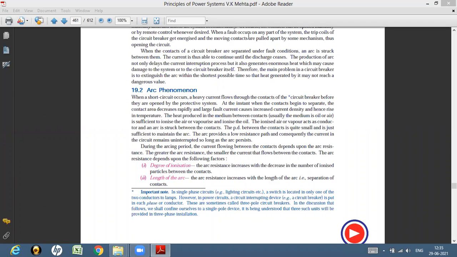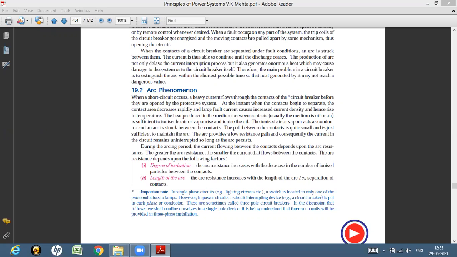That means whenever a fault occurs in the system, a very heavy current flows in the circuit breaker, and due to this heavy current your magnetic coils, or electromagnet, get energized and pull the moving contact apart from the fixed contact, and hence the circuit breaker operates.